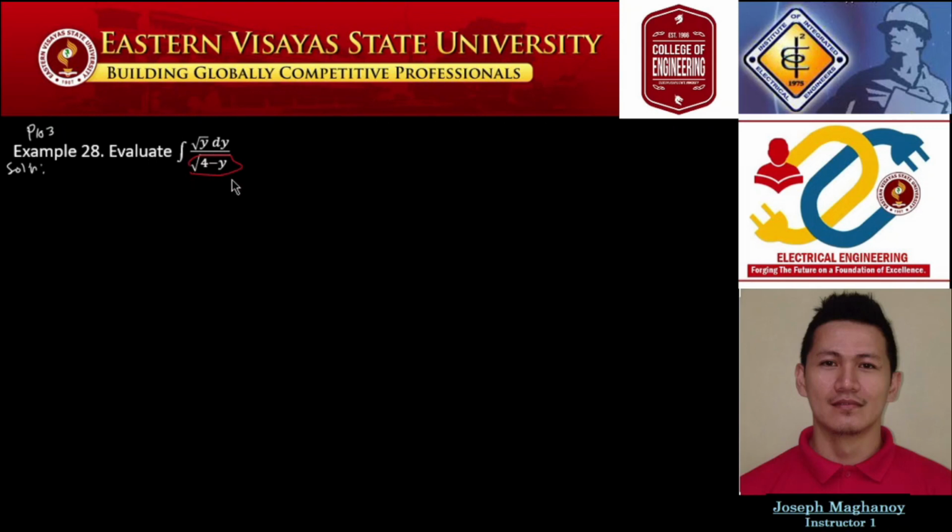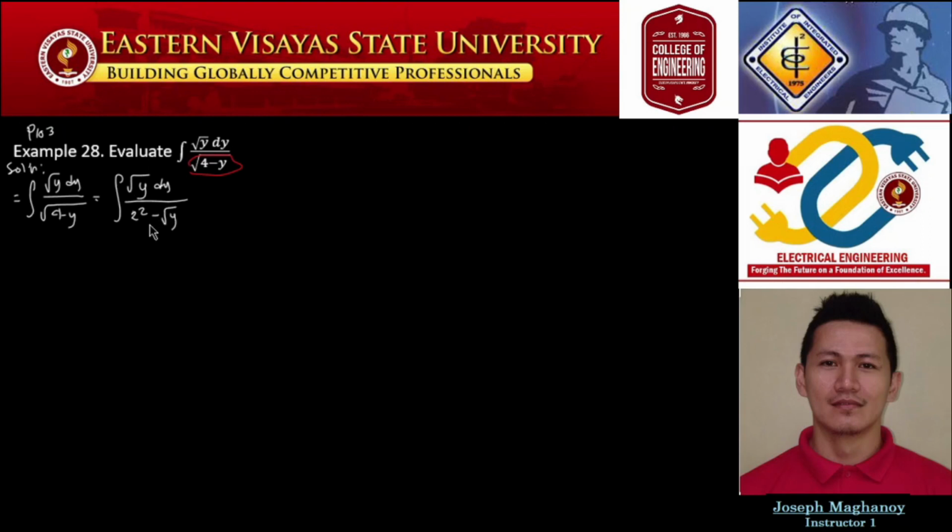So we can assume that this square root of 4 minus y is a difference of two squares. So the integral of square root of y dy over square root of 4 minus y can be rewritten with 4 as 2 squared, and square root of y.